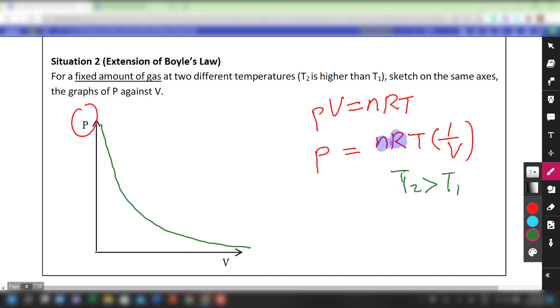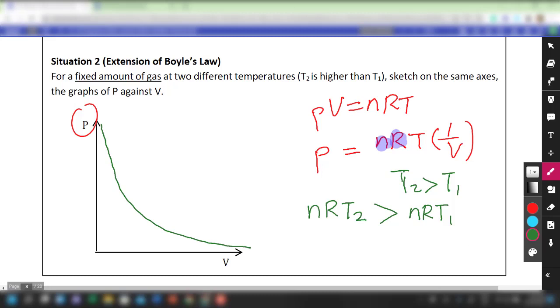So let's say at T2, just a random way of looking at it, if the temperature is T2, I expect nRT2 to be a greater value than nRT1. Are we expecting this?